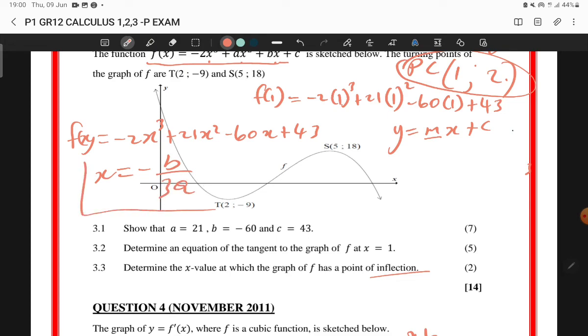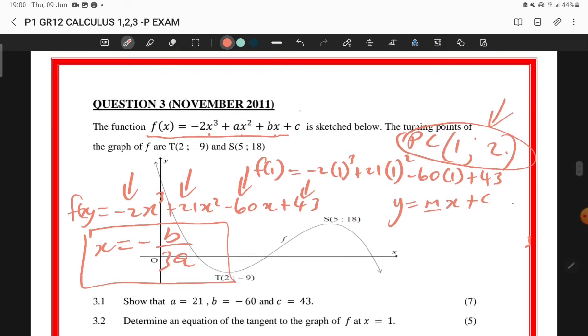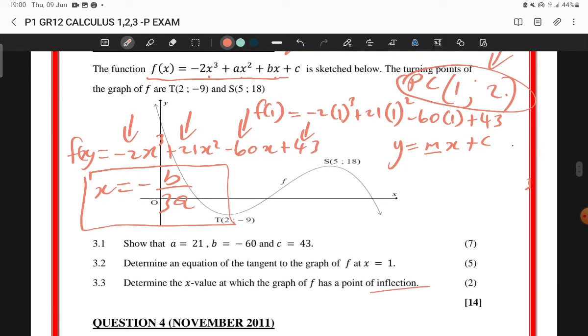Knowing that this is your a, this is your b, this is your c, this is your d, this formula helps you to find the x coordinate of the point of inflection. It has been derived from the general form ax cubed plus bx squared plus cx plus d. So they have come up with this formula.